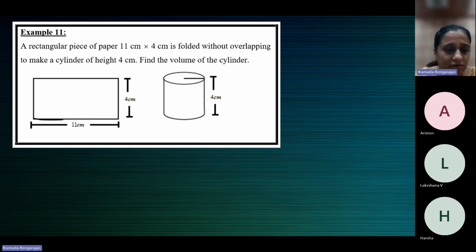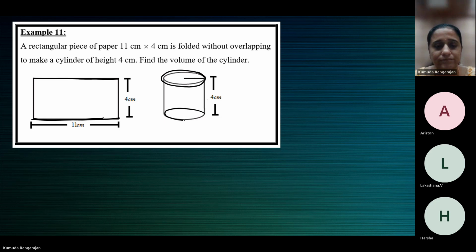So this length, 11 centimeters, and this length, 11 centimeters, are now circles in the cylinder. That 11 centimeters is a circle here in the cylinder, and the 11 centimeters here is also a circle below in the cylinder.